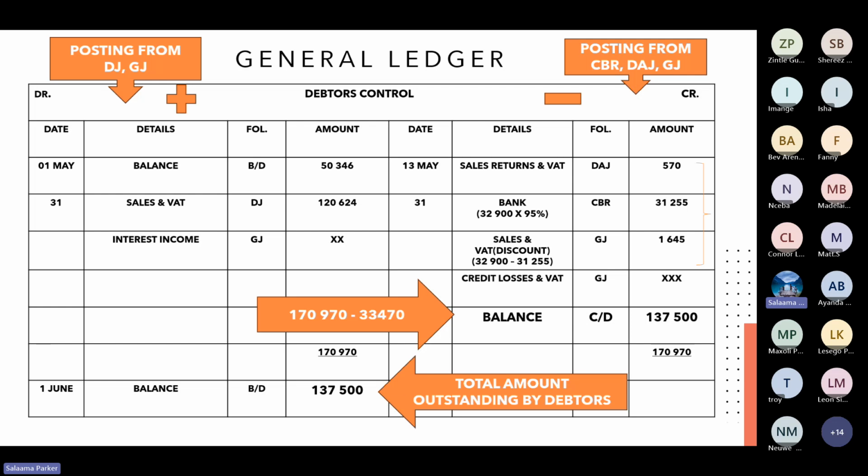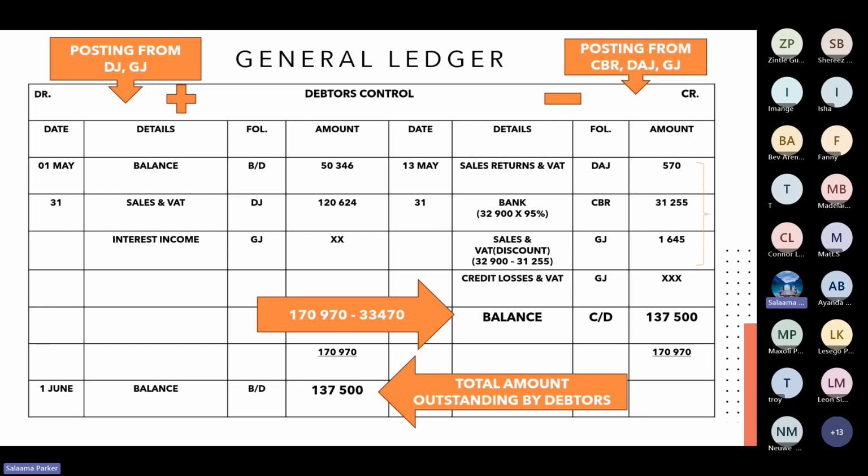Anybody else want to maybe help Isha there to explain what is that transaction that you've posted to this account? No volunteers? Okay, you'd say, for example, it's total payments from my debtors that I recorded from my cash book receipts.